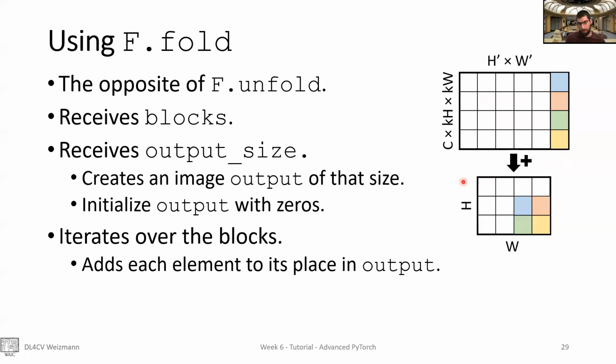Note that in this accumulation, some positions are the sum of multiple values from the blocks tensor. For example, this location: how many elements are accumulated here? 4. This block, this block, this block, and this block.